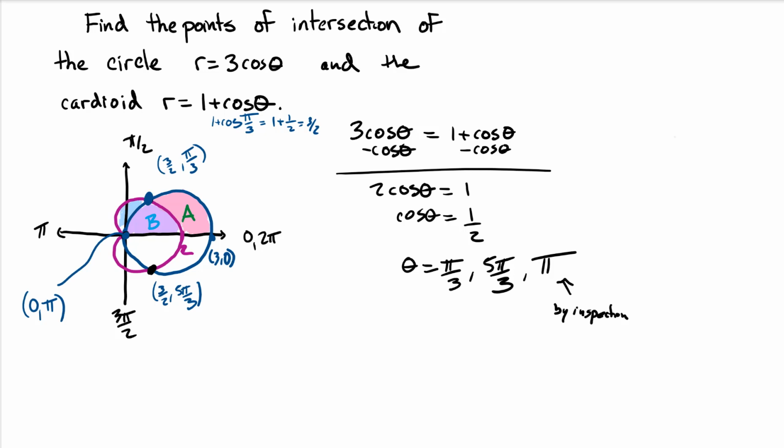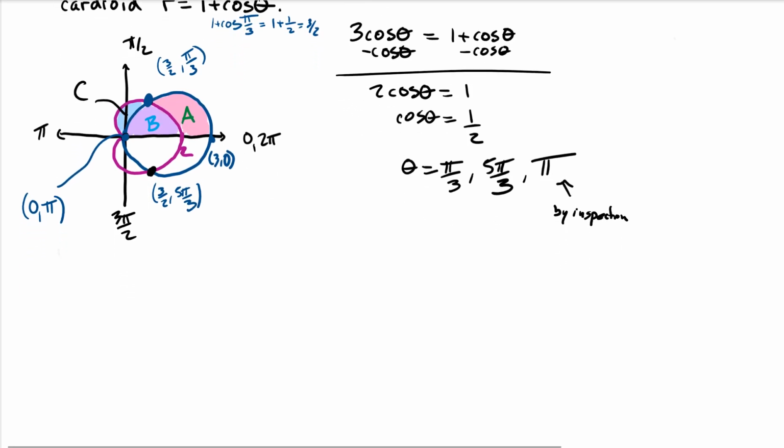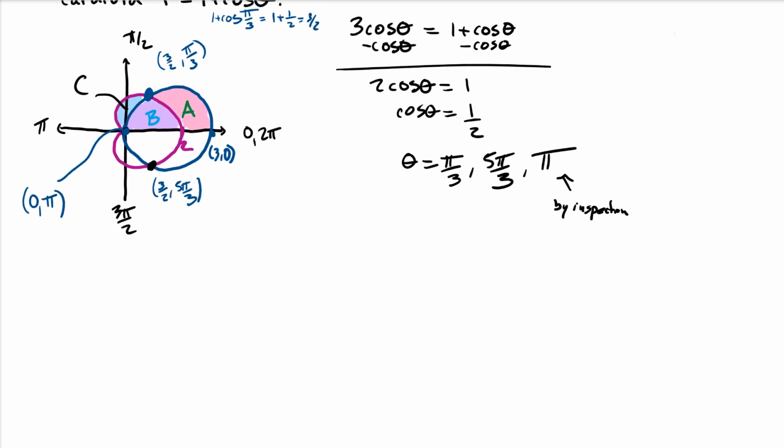Let's take this region out here, and we'll call this one region C. All right, let's set up the areas. Let's find the area of region A. Let's find the area of region B. So for the area of A, how do we set this one up?